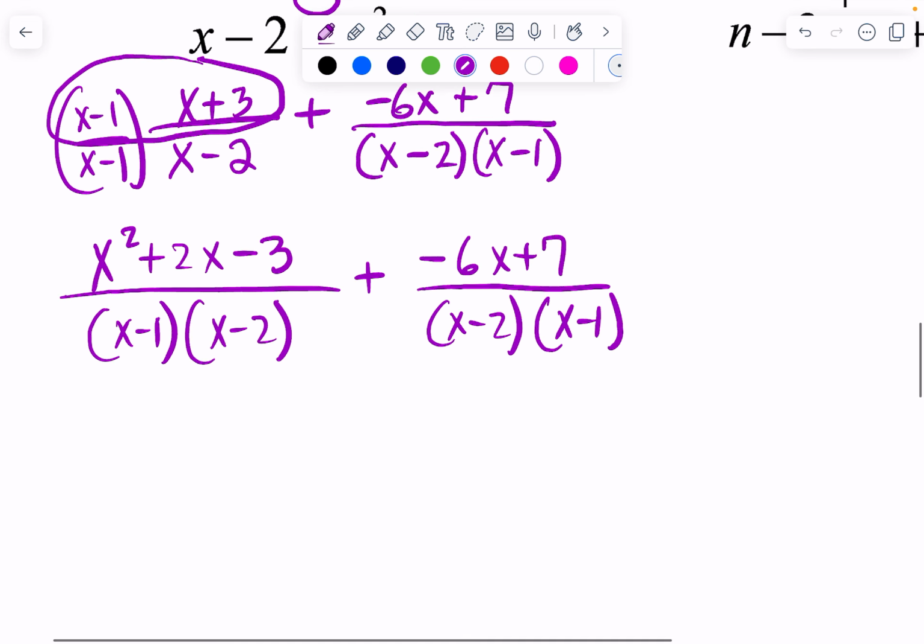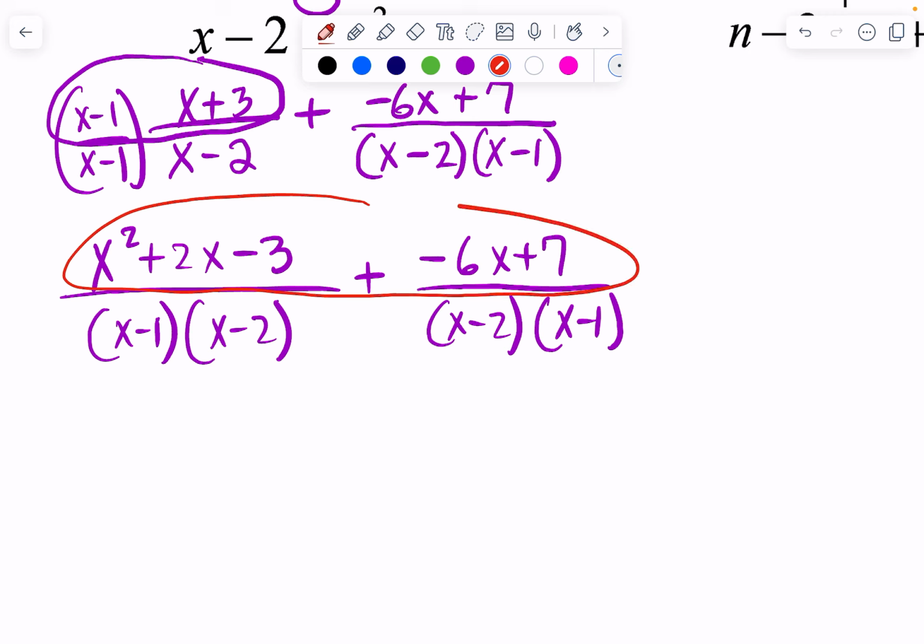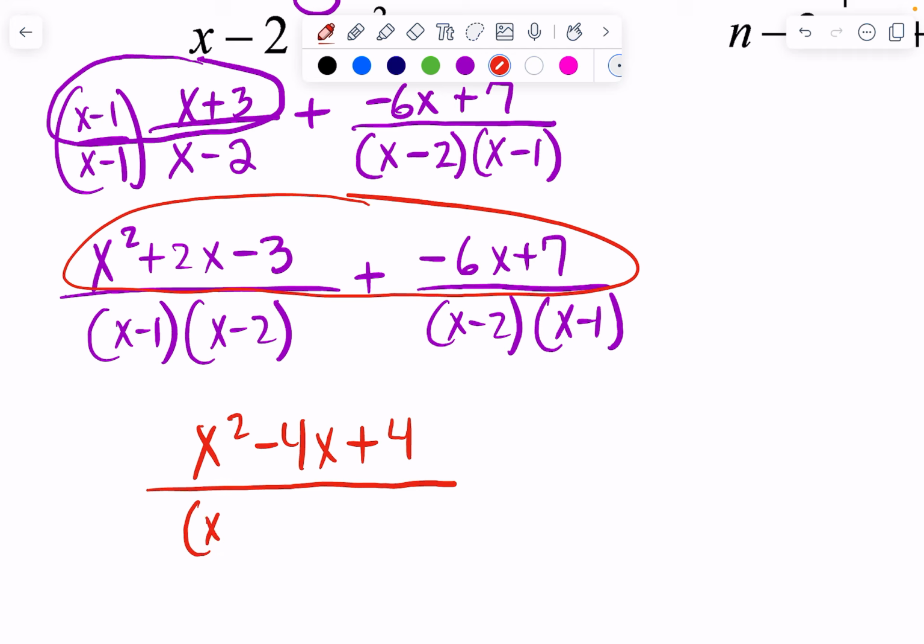Now I have common denominators. I'm going to add or subtract the numerators, which is going to give me x squared minus 4x plus 4 over x minus 1 times x minus 2.